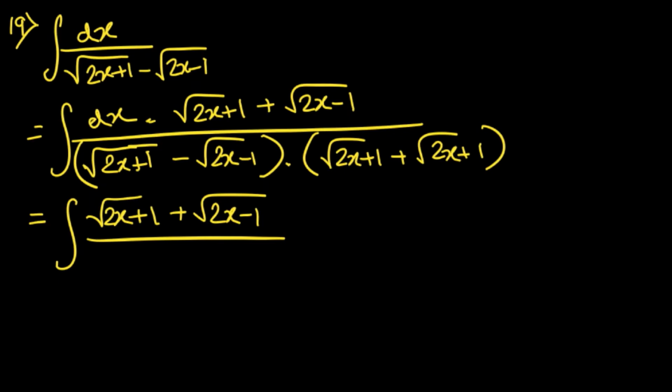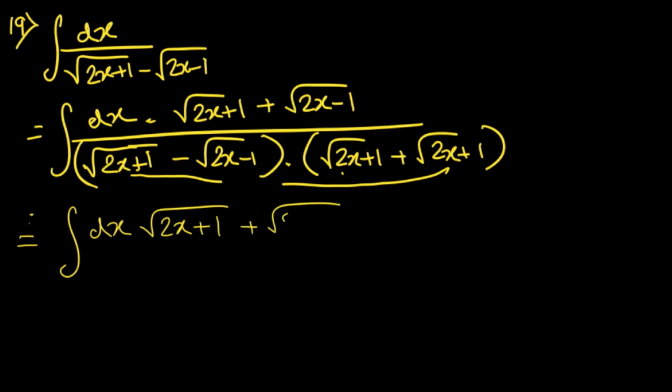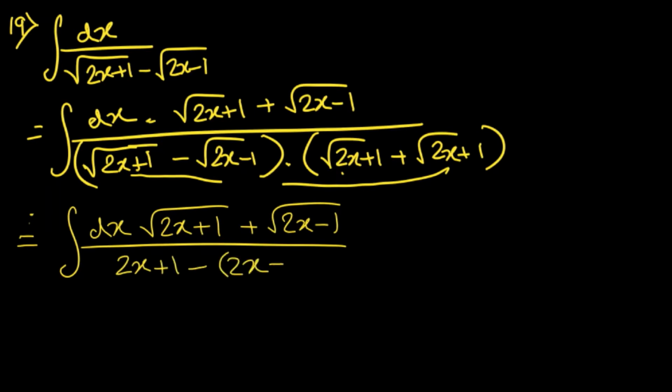So as you can see here, this with this I'm doing it. This is a plus b into a minus b formula, so whatever it will give is 2x plus 1 minus 2x minus 1, a square minus b square formula.